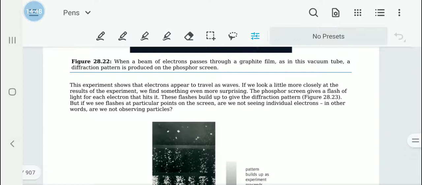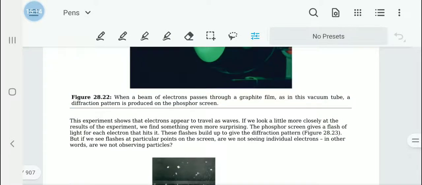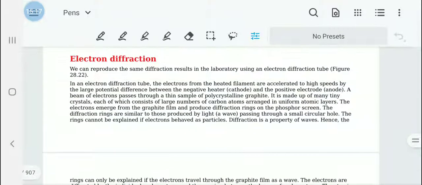It not only gives us the proof that we need for the diffraction to prove that it is a wave, so it will develop a diffraction pattern, but also these flashes are particles. So we are seeing these individual electrons. That is a very important discovery that has been made in science using this property.